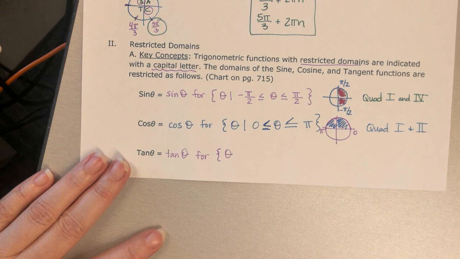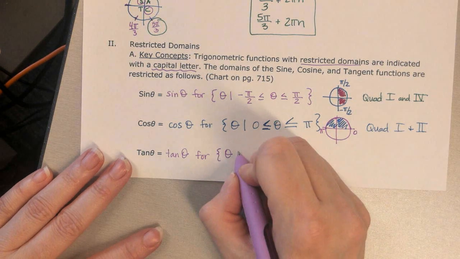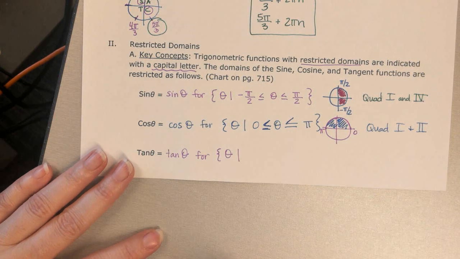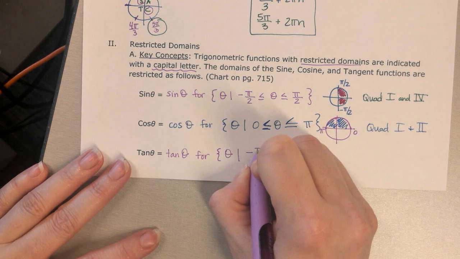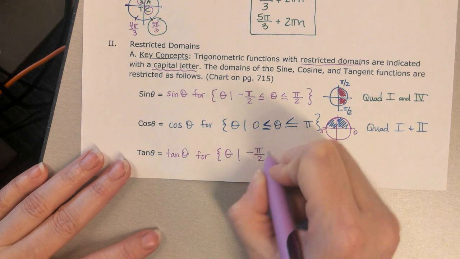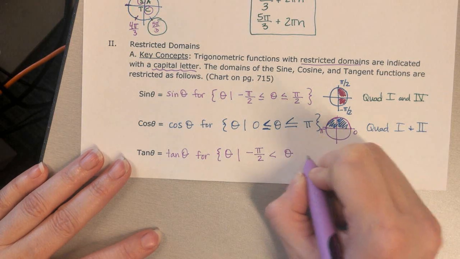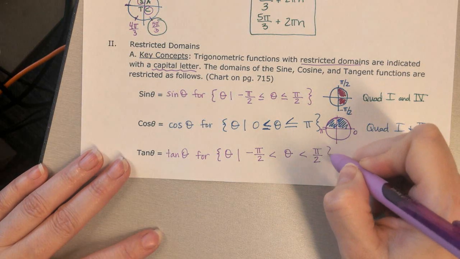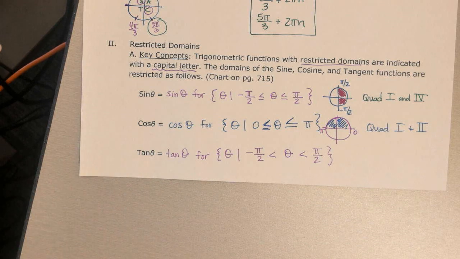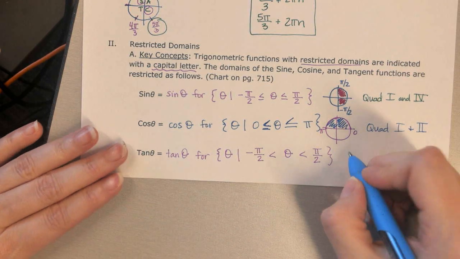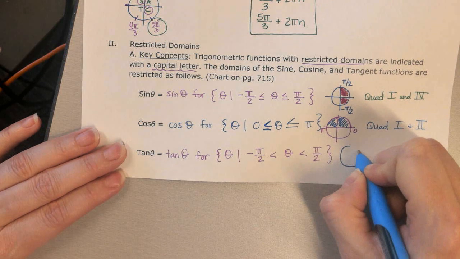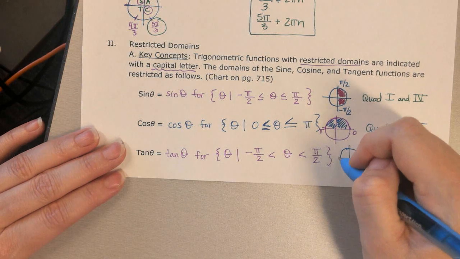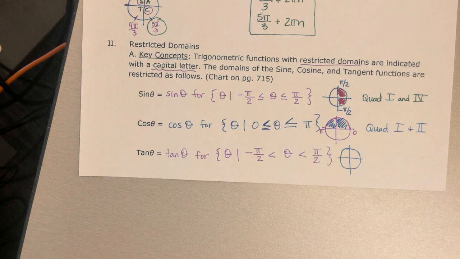So this is the tangent of theta for the values of theta such that theta is between negative pi over 2 and pi over 2. Okay, so what is the only difference? Yeah, it's not equal to, okay?